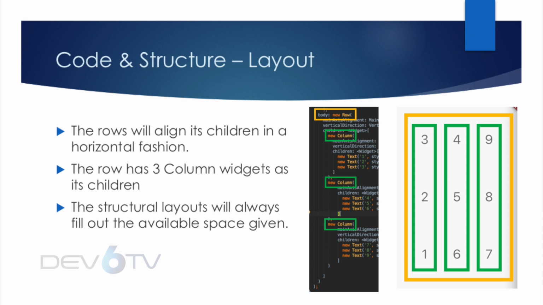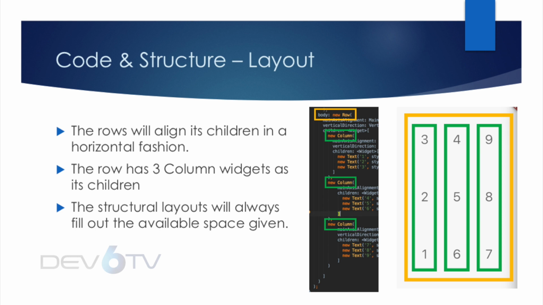And another thing too is, as you'll notice with these structural widgets, every time you use one, they essentially will always take up the entire space that they can, which is very reminiscent of Flexbox as well. So if you have this giant container here, this is actually taking up the entire screen of the application.